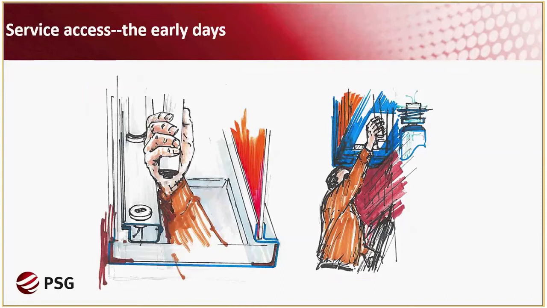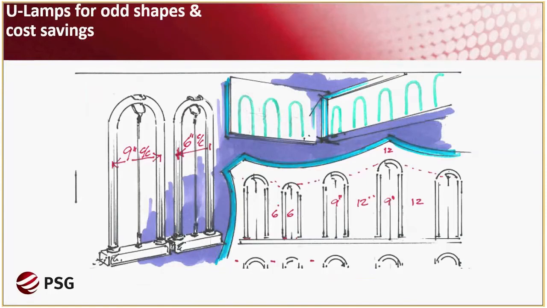You made trapdoors top and bottom to access the lamp. You had a devil of a time if you had a short and your sockets were burnt out or something. Well, then of course that became a major job. But just to change the lamps usually involved removing the trapdoor and accessing them in very odd shapes.